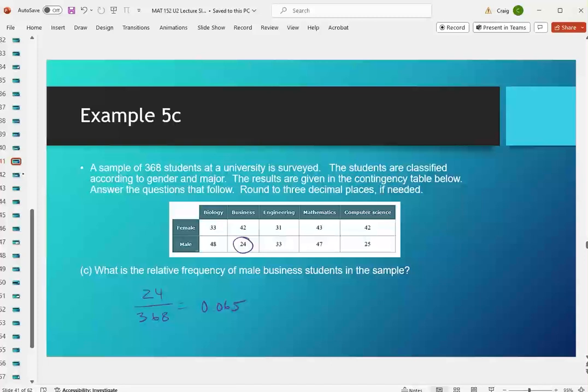So let's look at the next one. Among the engineering majors, find the relative frequency of those who happen to be female.